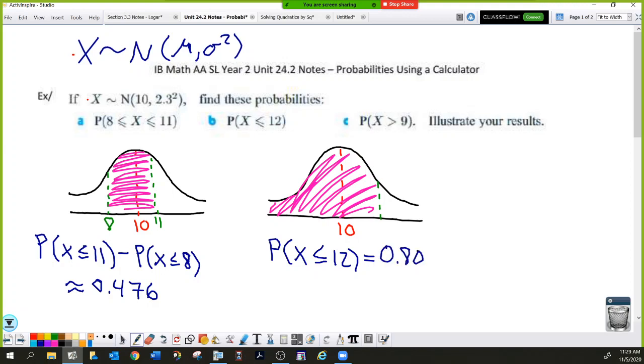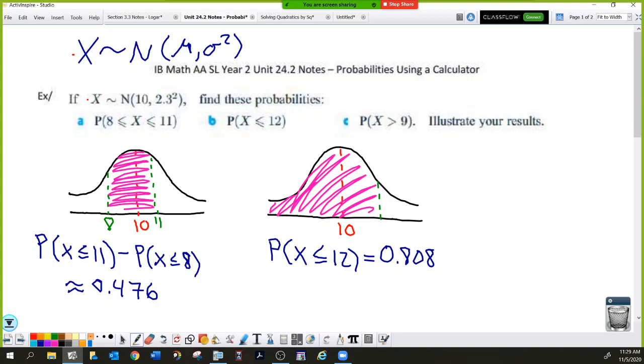Yeah, what's up? If it was like x is just less than 12, would it be the other one? No. If it said less than 12, it would be the exact same answer. Because we're doing continuous variables, if you say less than 12, then how close to 12 are you going? There's no such thing as how close can I get. You can get infinitely close to 12.